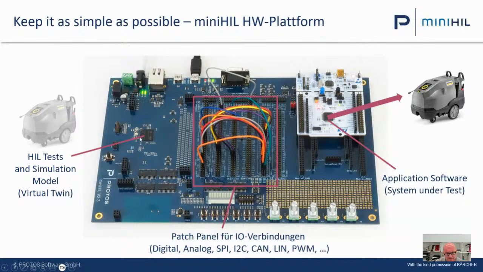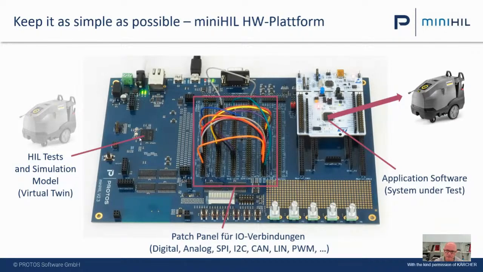And the second level you need environment simulations. So if you can imagine here a system of Kercher, for example, they're testing a lot of different systems with the mini-hill. And they have, for example, a pump or a compressor in there. So there's a motor control in there. But if the motor is not attached, the system fails.